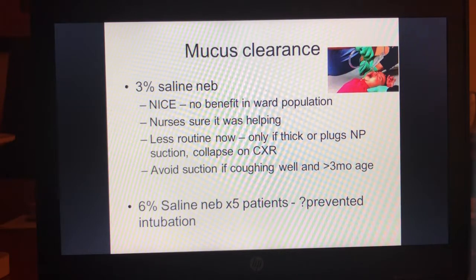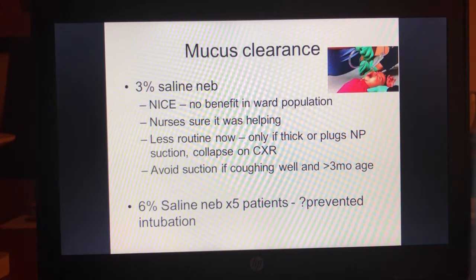And we've decided also that we would not use suction if the child is coughing well and they're over 3 months of age, because nasal blockage isn't always such a problem, but sometimes you can't tell whether the nose is blocked or not unless you've done some suction. So we have basically decided that we would use 3% saline nebulizers as and when indicated on individual patients.